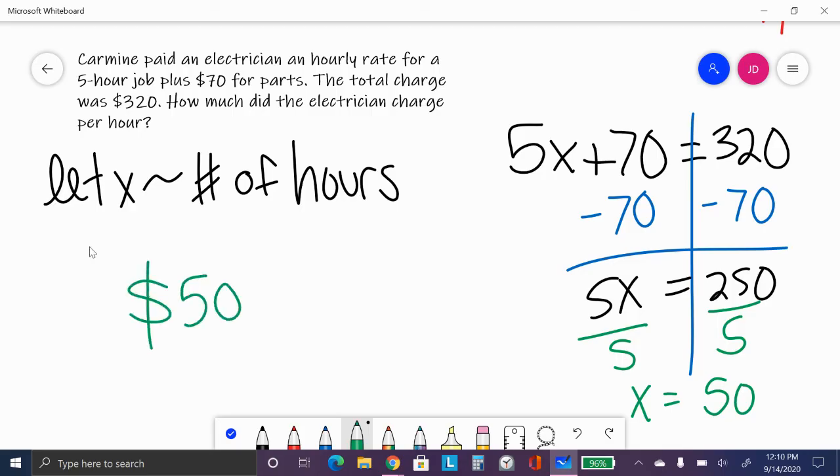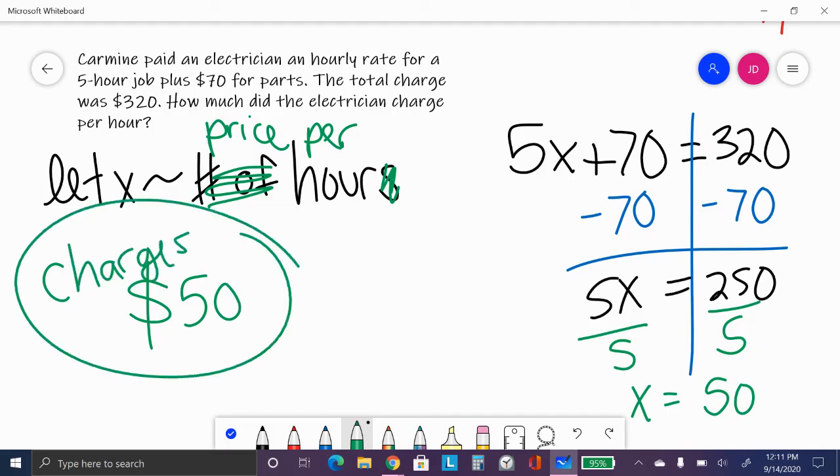Instead of the number of hours, the question is how much did the electrician charge per hour? So not number of hours, it's price per hour. Because you're charging for a 5-hour job, 5 hours times the price, plus $70 equals $320. So Carmine charges $50 per hour.